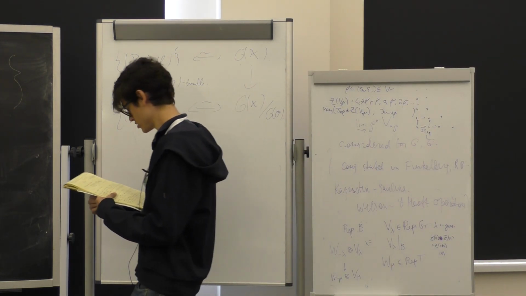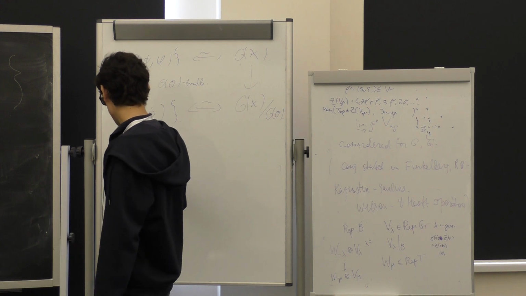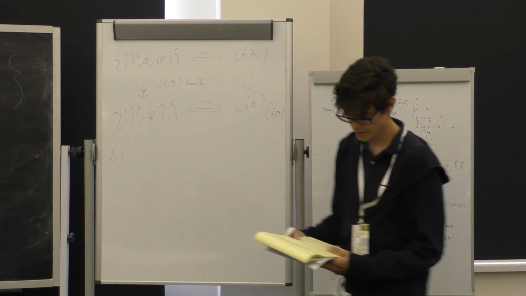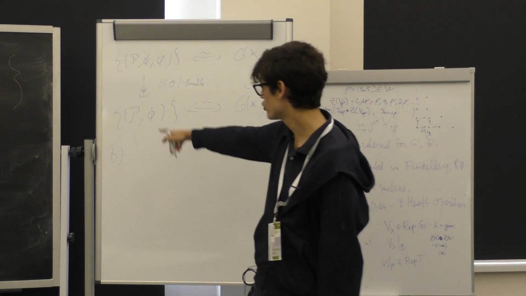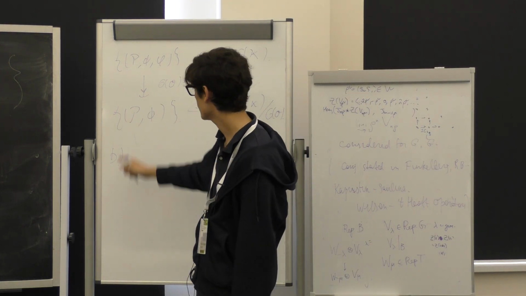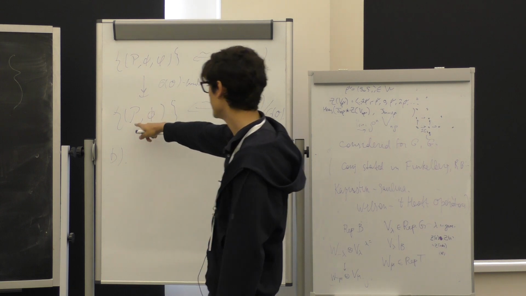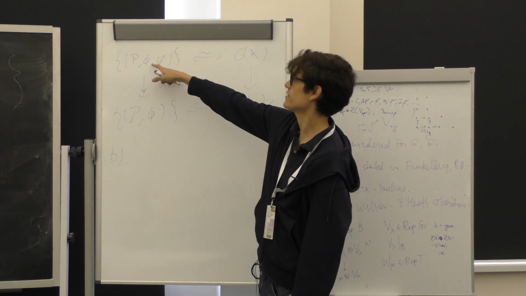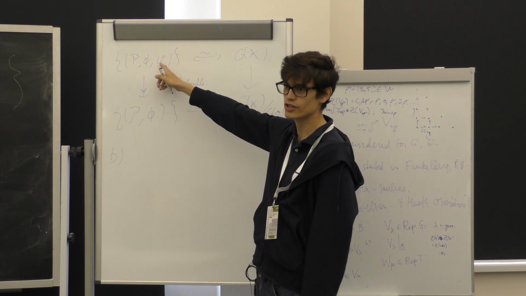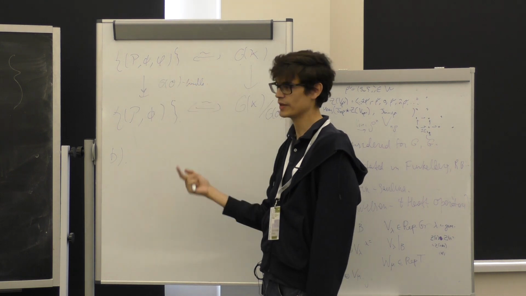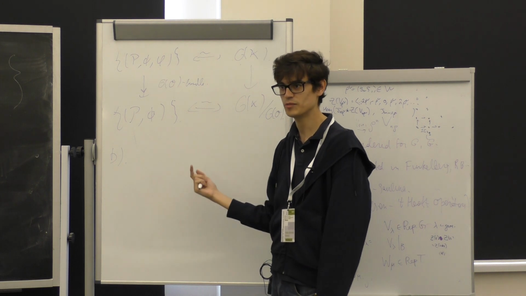Okay. So let's move on to B. So in B, if a bundle was trivial, that means that I can choose some trivialization here and some trivialization here, such that the transition map is also trivial. I mean, that's what it means to be trivial.